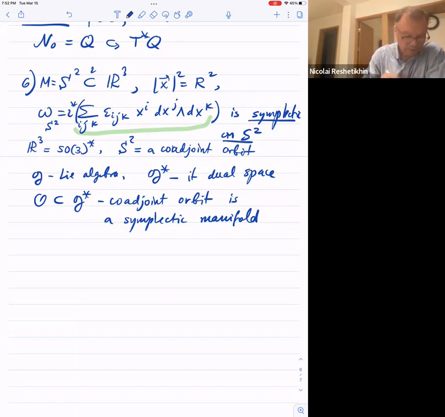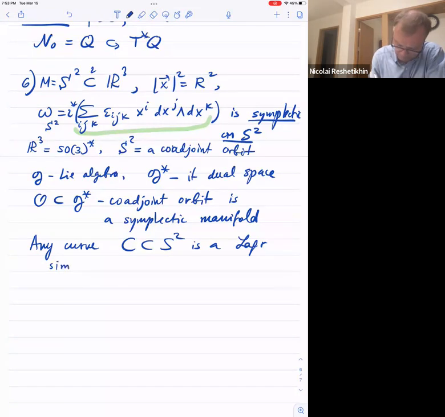Okay, so then I gave the definition, and then any curve C in S2 is a Lagrangian submanifold. Let's say any simple curve, so that it wouldn't have self-intersections, and it wouldn't have any singularities. So it means no self-intersections.